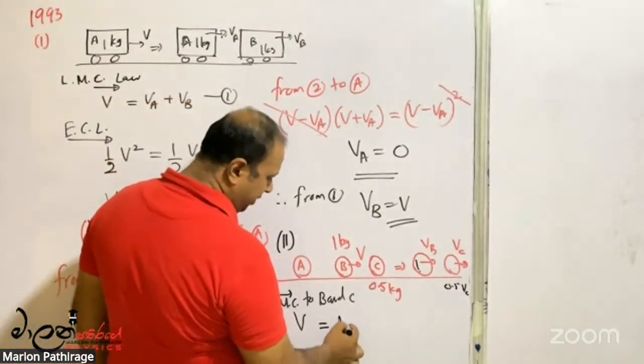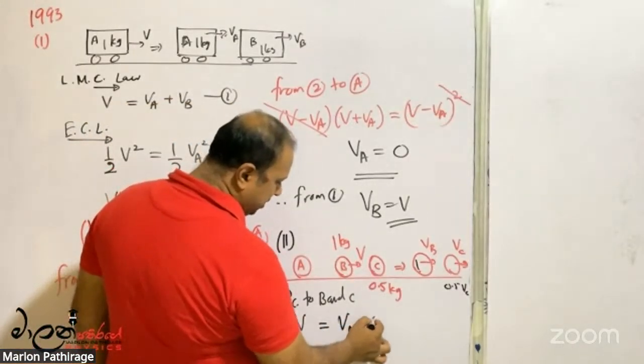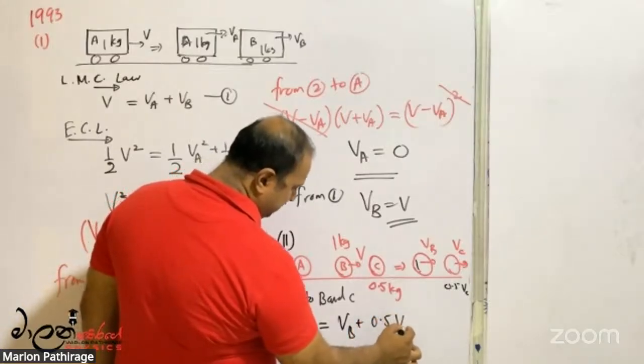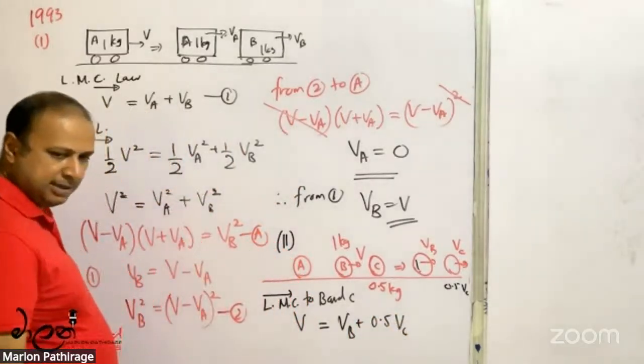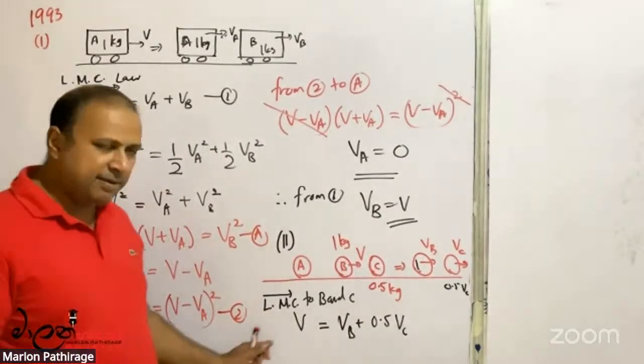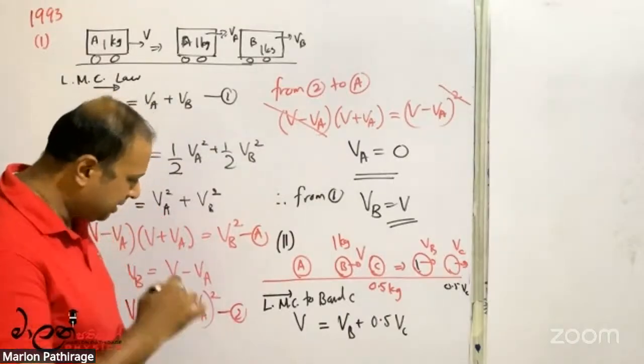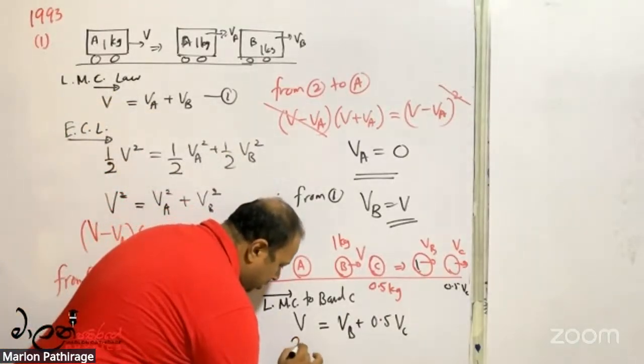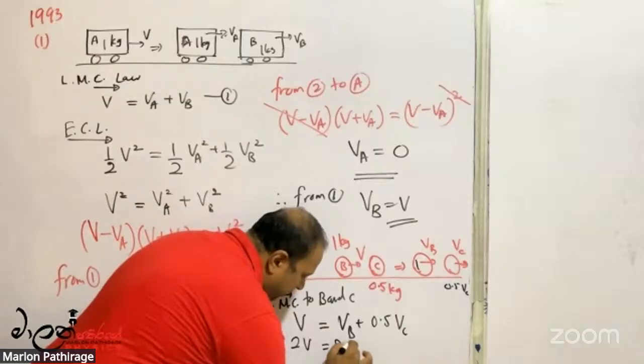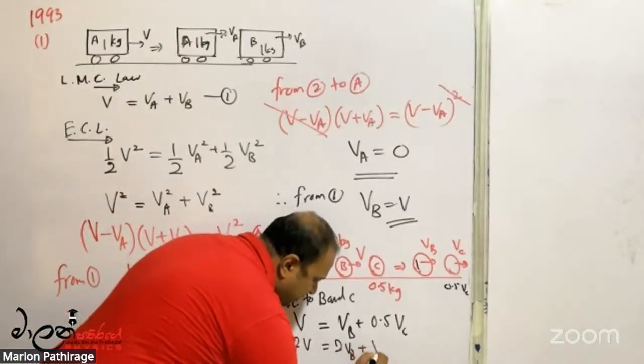That means VB plus 0.5 VC. I can multiply both sides by 2. Therefore, 2V is equal to 2VB plus VC.